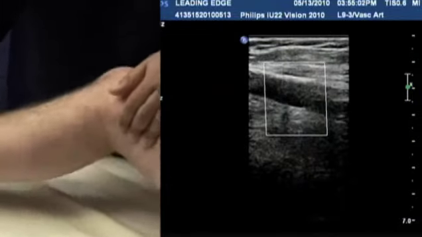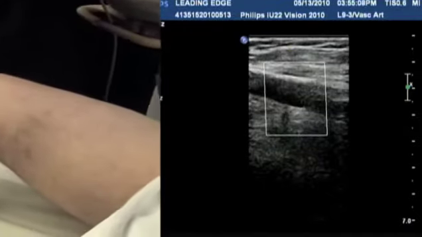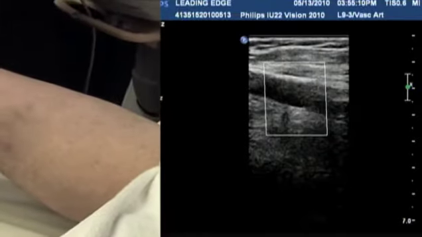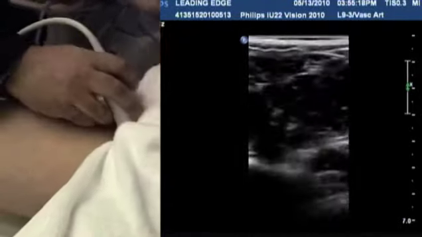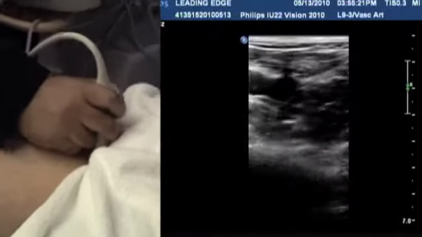So let's just bend your knee again. Very nice. And I'm going to go back up to the groin now. And let's take a quick look at the origin of your deep femoral artery at this point.